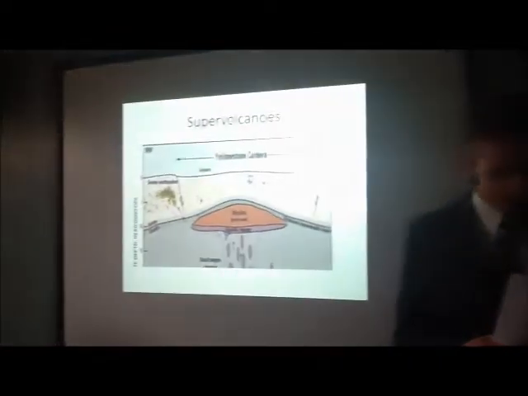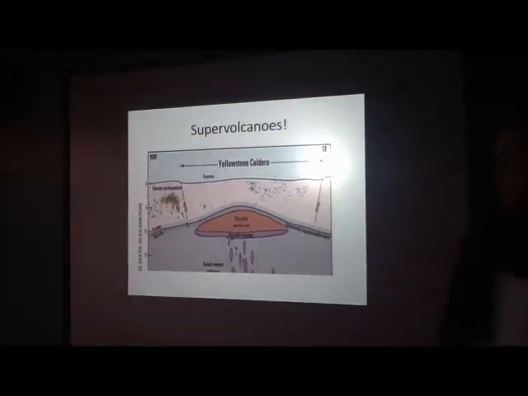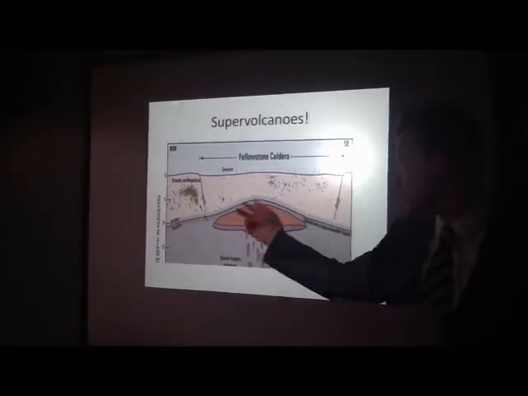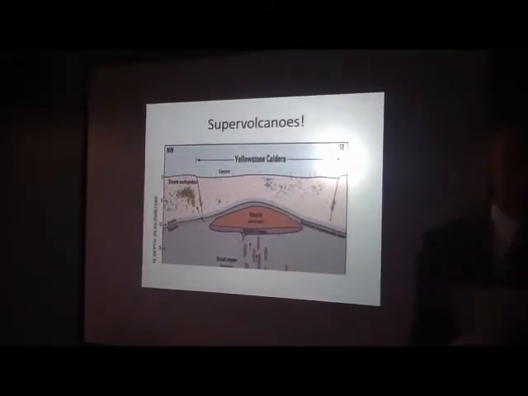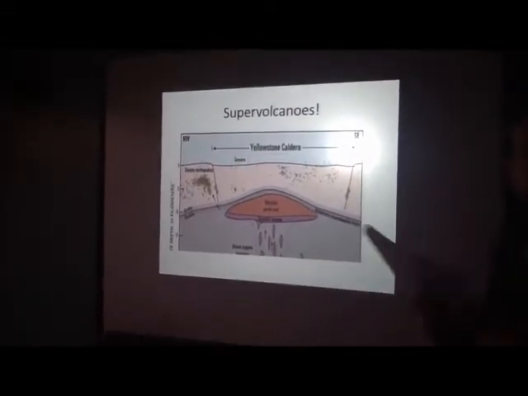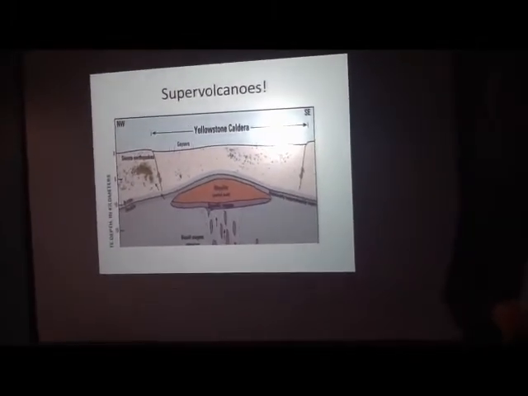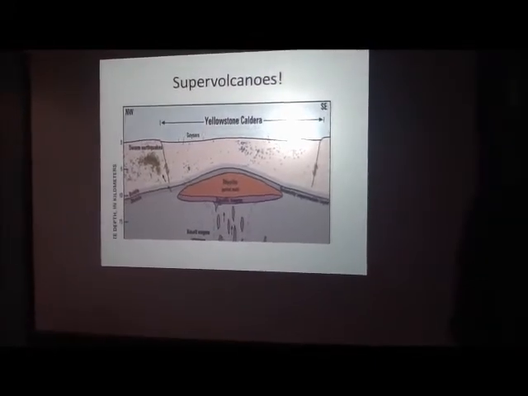Supervolcanoes occur when there is a massive hotspot, as Colin just said earlier, and it builds up underneath the crust, and the crust can't take it anymore, and the crust kind of collapses, and lots of gas fizzes out, and many thousands of times more material than a normal volcanic eruption is expelled out of the volcano.